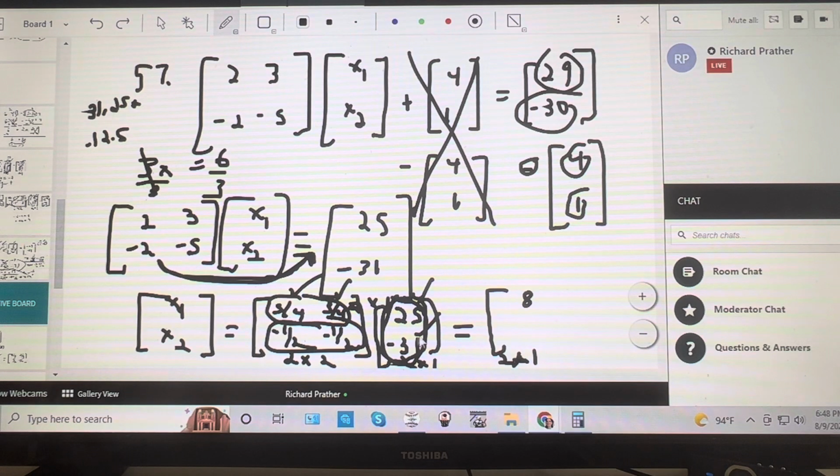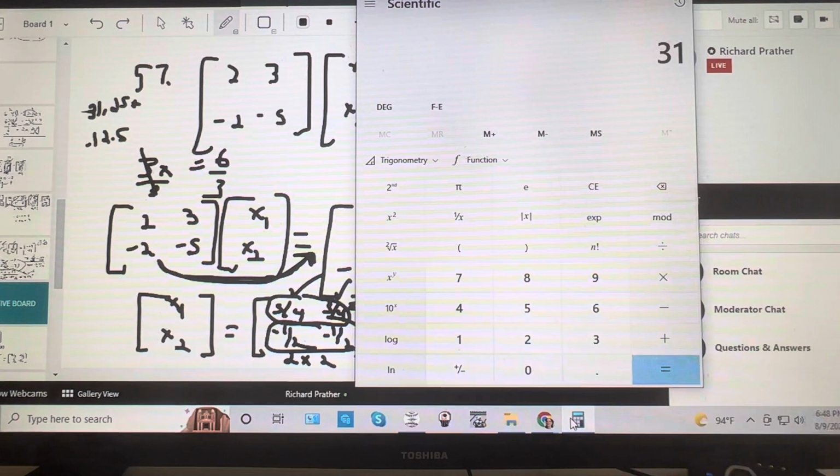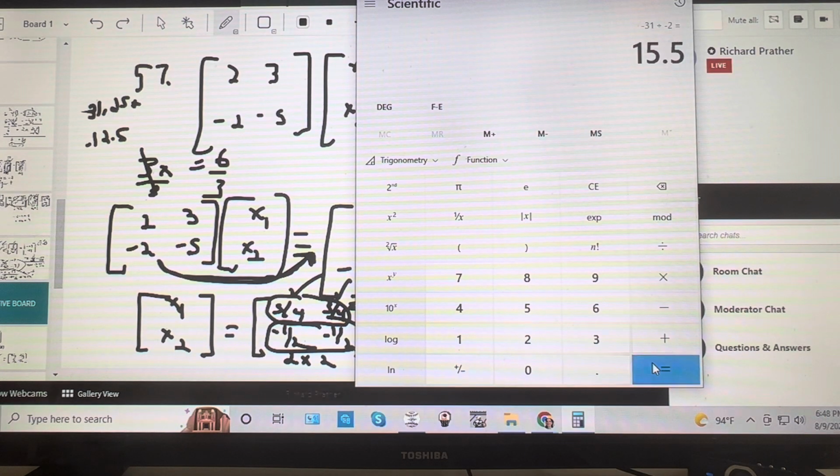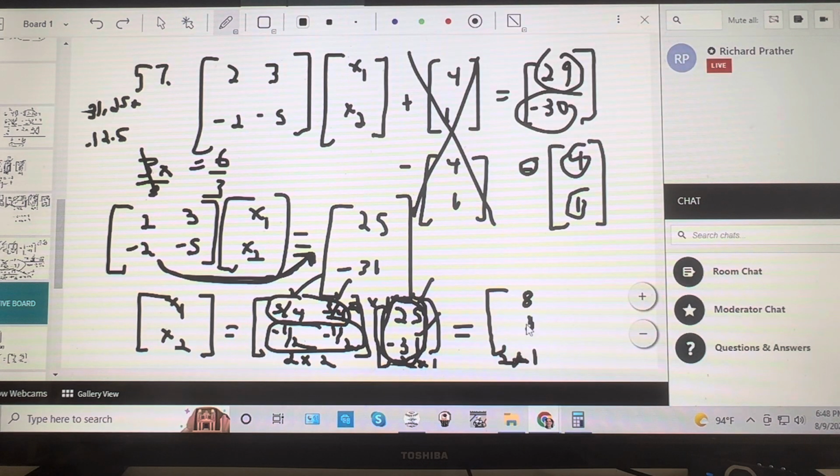And then half of negative 31. Negative 31 divided by negative 2 is positive 15.5. Add that to negative 12.5. That's 3. So the answer should be 8 and 3.